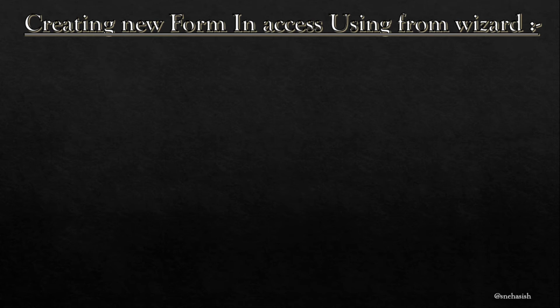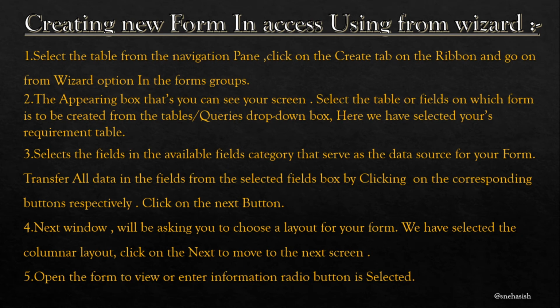form wizard, the steps are: first, select the table from your navigation pane and click on the Create tab on the ribbon. Second, click on the Form Wizard option in the Forms group. Next, the Form Wizard dialog box appears on the screen, and you select the table or query on which the form is to be created from the Tables/Queries drop-down box, where we have selected the table.